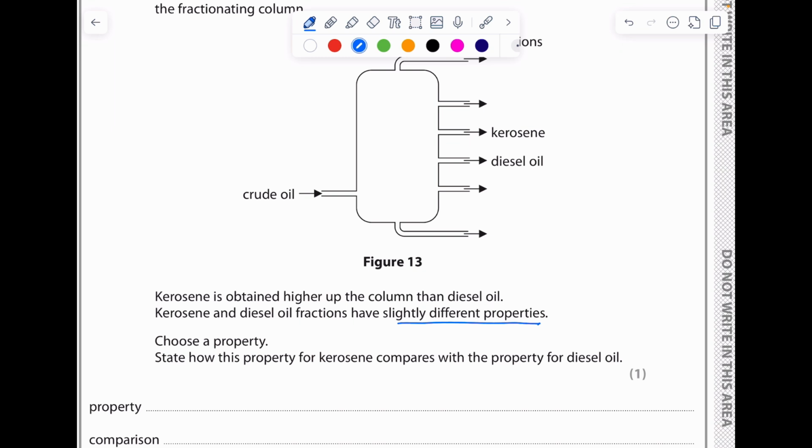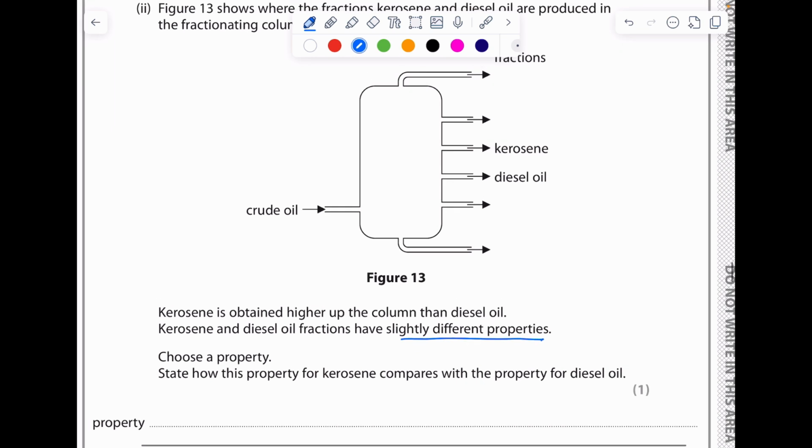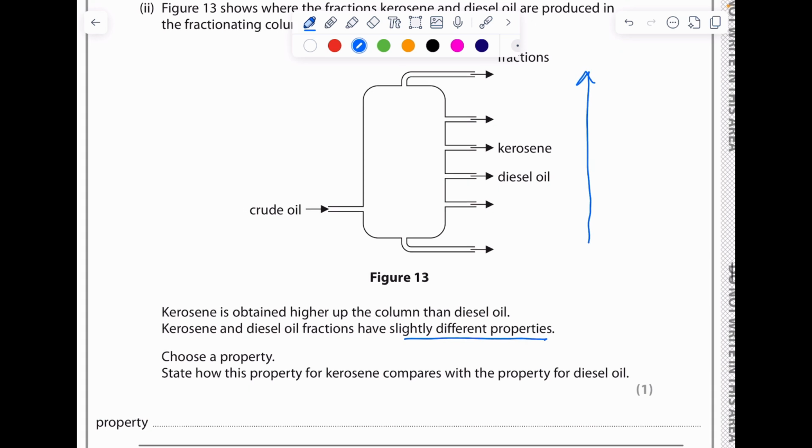boiling points, we can say that as we go up the column here, the fractionating column, the hydrocarbon molecules actually become shorter, and therefore the melting and boiling point, so I put boiling point here, will decrease.